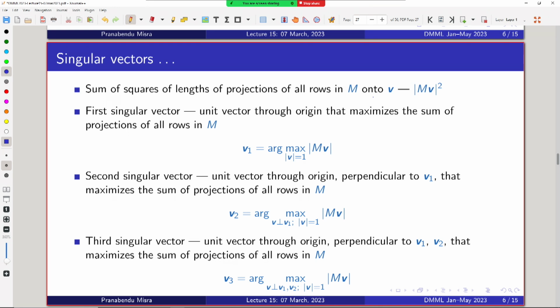You can think of this as the sum of the lengths: for every vector, take the projection of that vector along V, look at the length of that projection, and add up all those lengths. So I select the first vector that maximizes the sum of those projections.